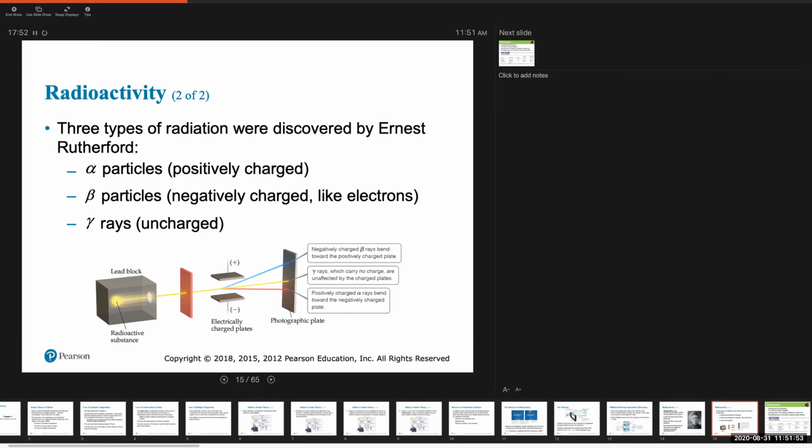The red one at the bottom is the positively charged. It wants to bend down towards the negative charged plate. And the one in the middle, the gamma rays, didn't do anything because it doesn't have a charge. So applying those potentials to the plates doesn't do anything to it. So you see some common themes here of using that whole opposites attract, same charge repels thinking to move things around and investigate some of this stuff.